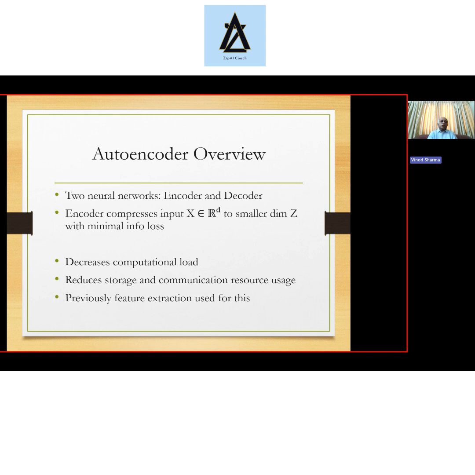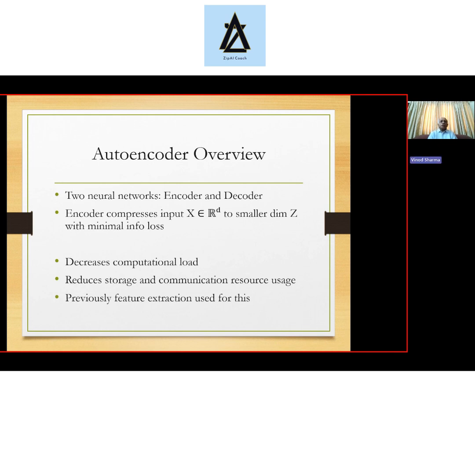It requires much less storage to store Z than X. And if we have to communicate this information from one place to another, transmitting Z instead of X will require a lot fewer communication resources. So there are many applications where compressing information from X to Z without much loss of information is very useful, and the autoencoder is used for that.